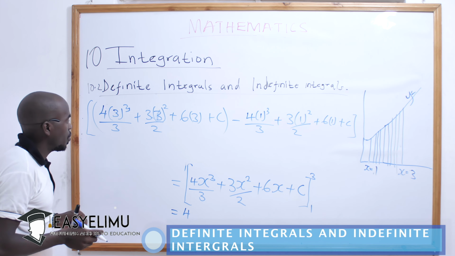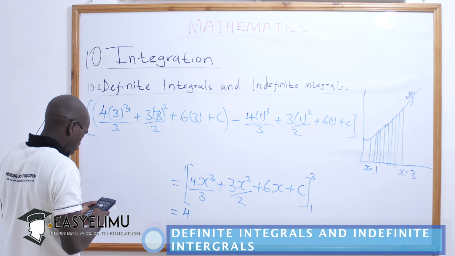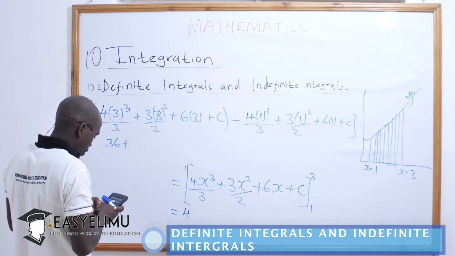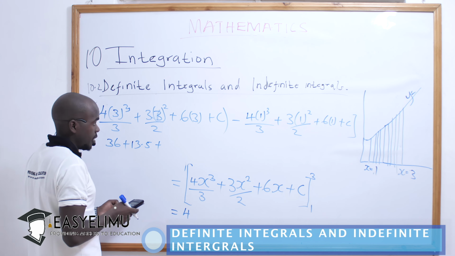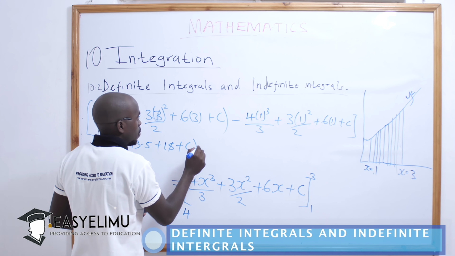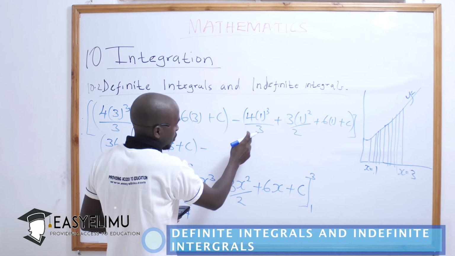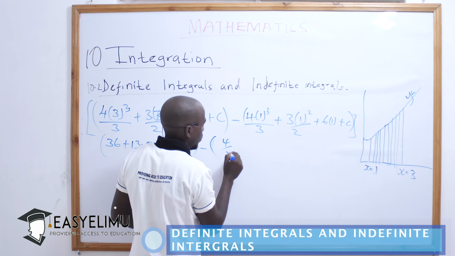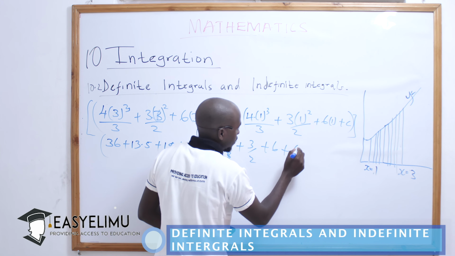So on doing that, we have the first bracket giving me 36 plus 13.5 plus 18 plus c, minus, let's open that bracket, so it will be 1 cubed is 1, 4 over 3 plus 3 over 2 plus 6 plus c.